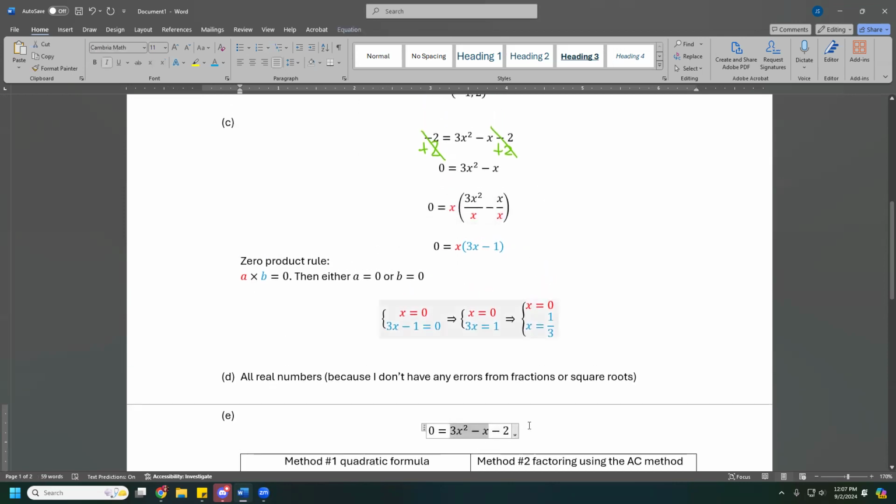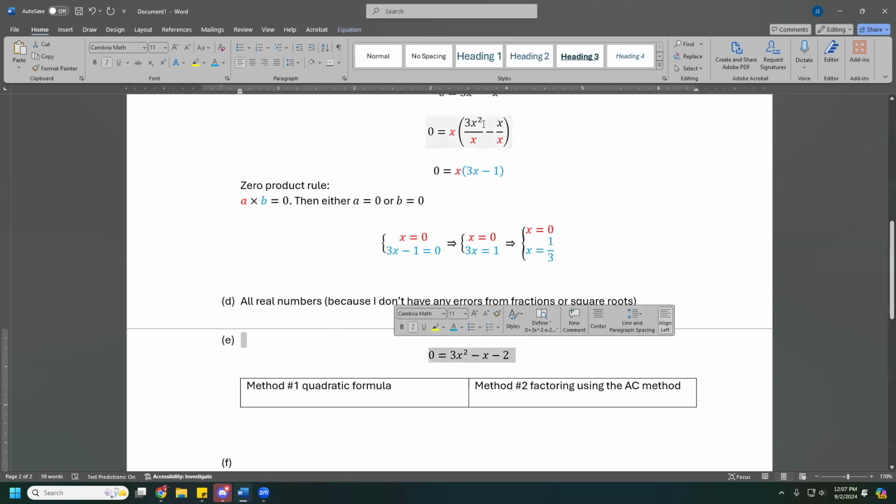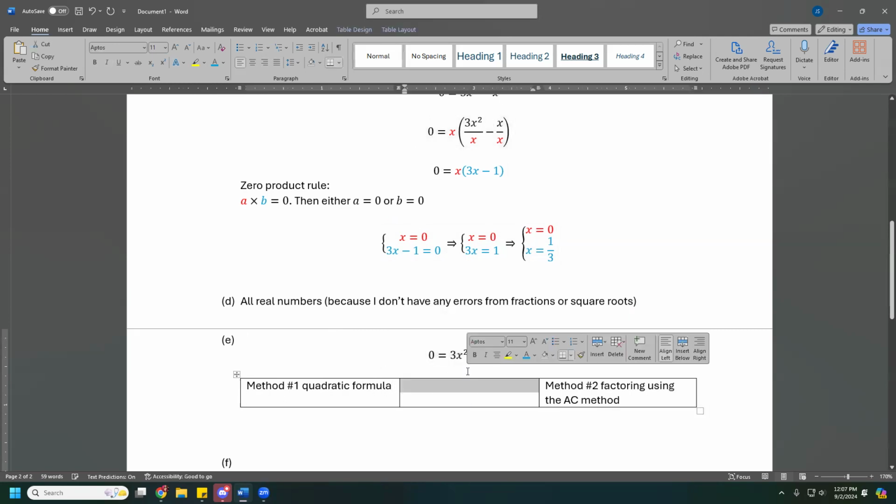However, I have to find something that's in common between all three of these pieces, and they don't share anything. These two pieces have an x in them, but not the third guy, right? They don't even share any coefficients in common. So there's not really a way for me to factor the same way that I factored up here. I have to use a different method.